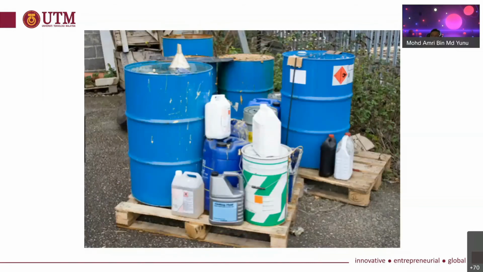So usually in UTM, when they identify the waste, they will put it in the proper place and then call the chemical waste disposal team from the central lab, and it is usually handled by a third party company. They know how to handle and dispose.